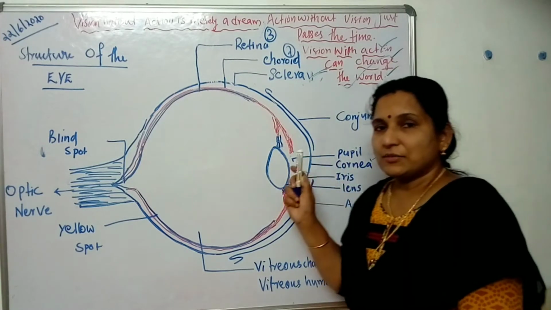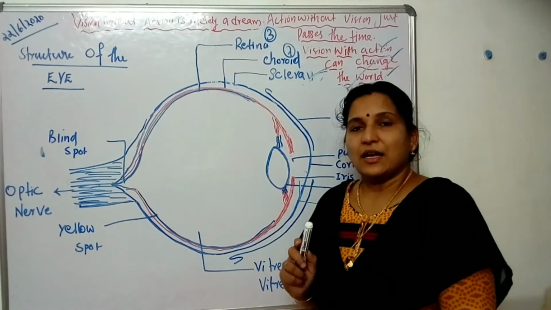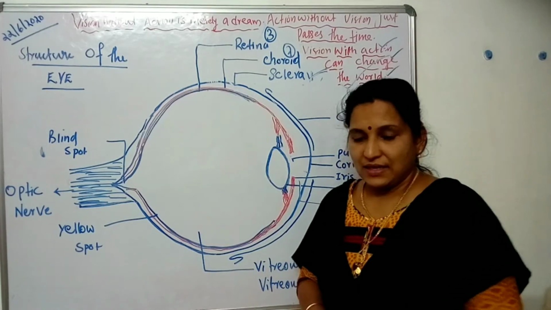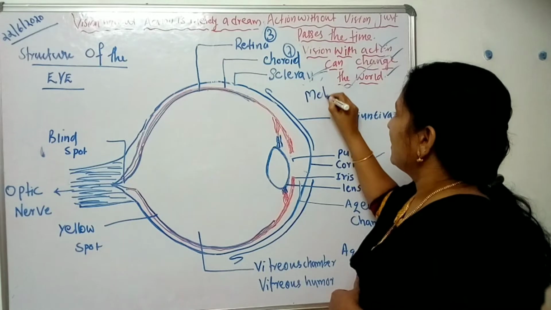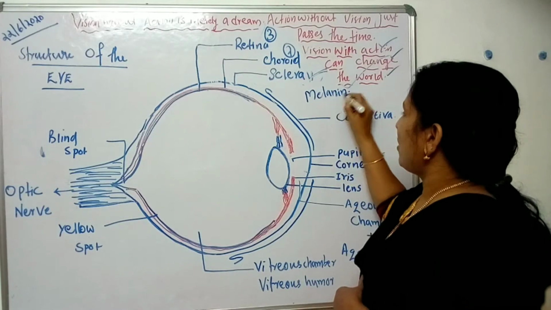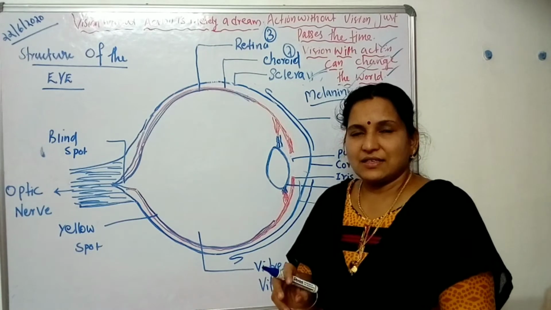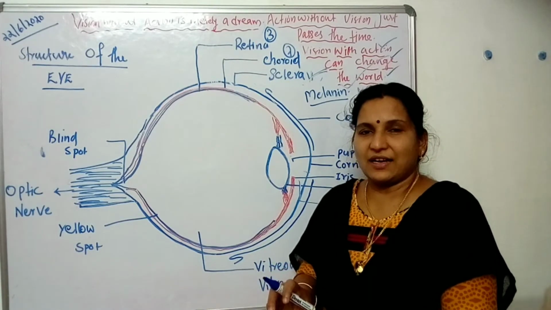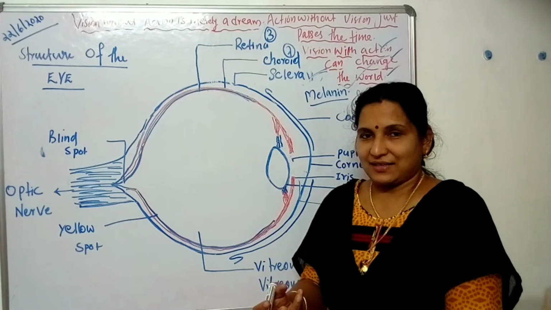Then one important point while talking about the iris. Based on the presence of the pigment, the name of the pigment is melanin, we can see different colors in the iris. Sometimes it is dark, sometimes it is black.